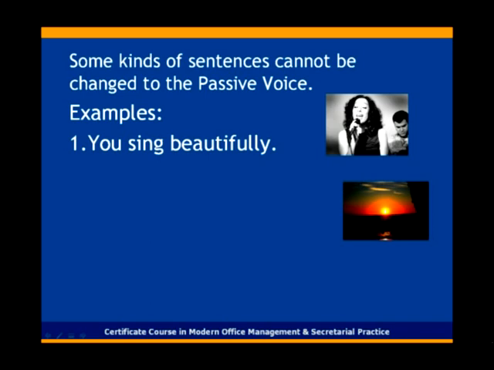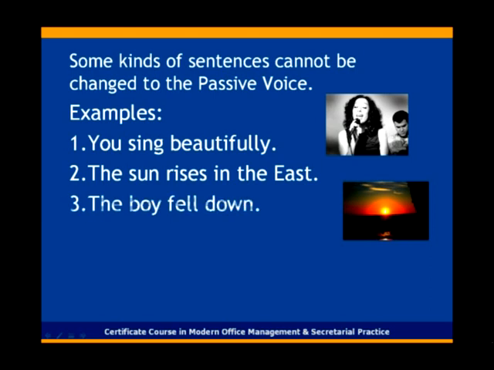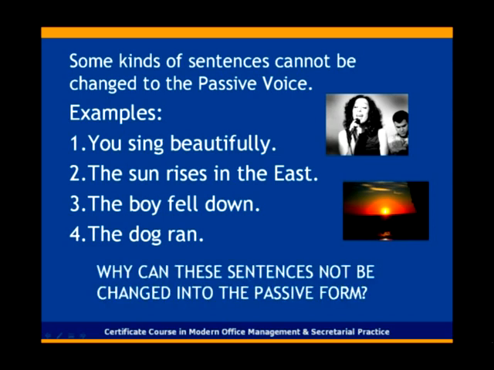The sun rises in the east. The boy fell down. The dog ran. Why can these sentences not be changed into the passive form?